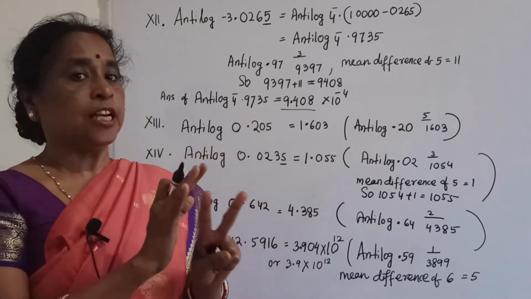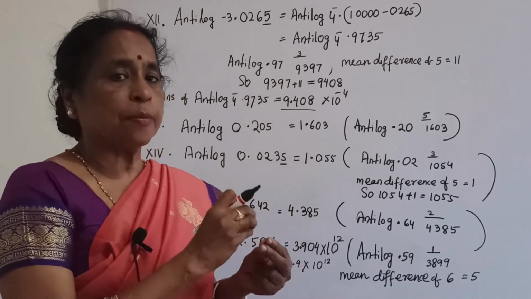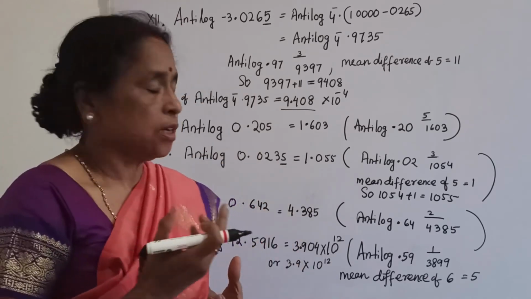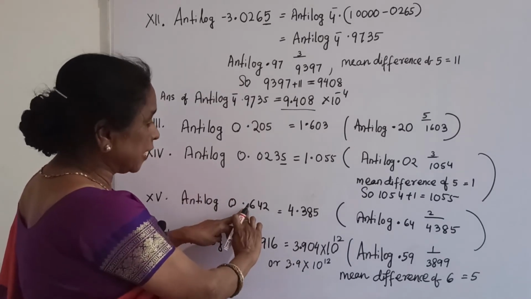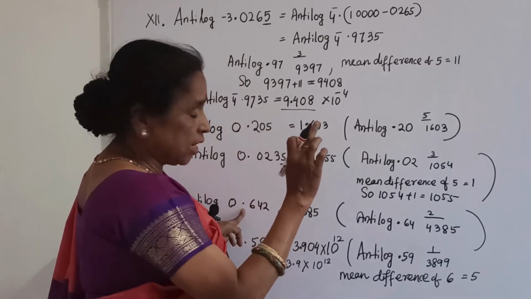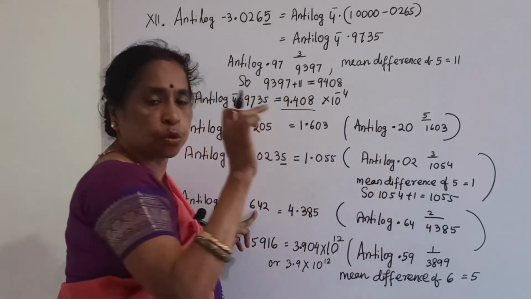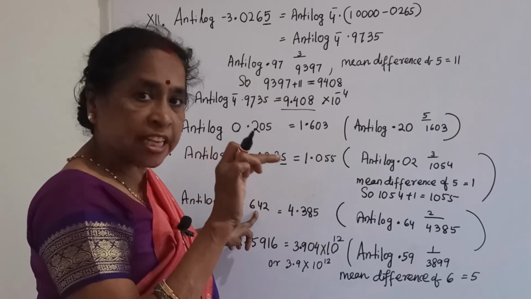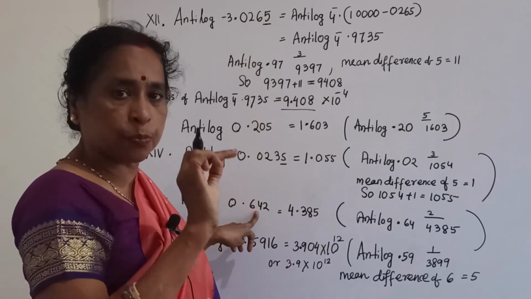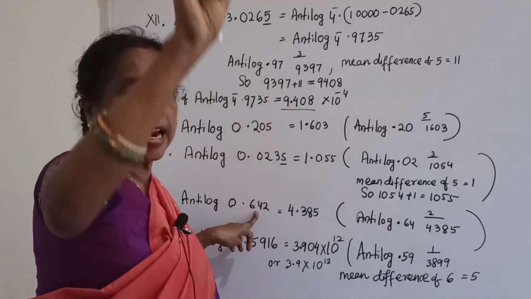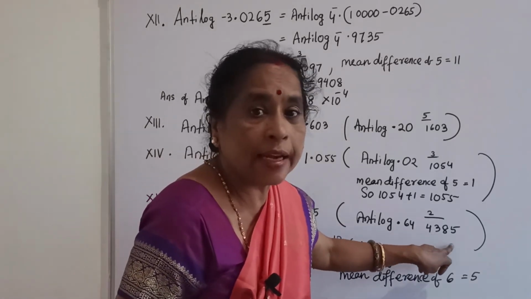Next question: antilog of 0.642, only 3 digits. Before the decimal 0 is there, that means 10 to the power 0, which is equal to 1. So this is not a problem. Here you see antilog of 0.64, but what about the last digit? You go to 2. So in the antilog table, 0.64, go to 2 and check it. This value is written 4385.